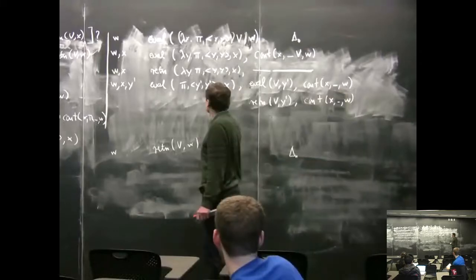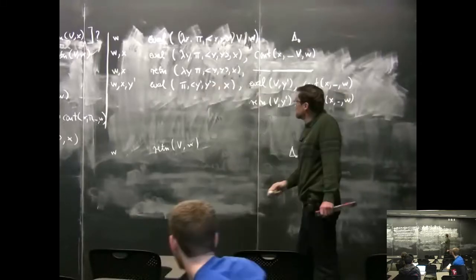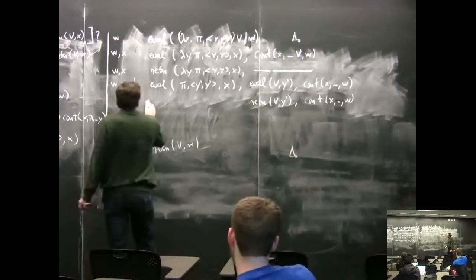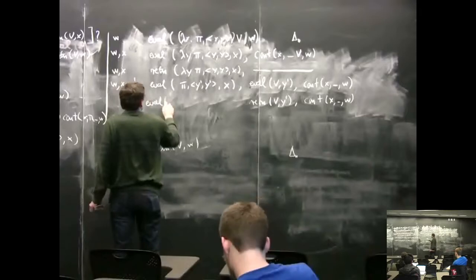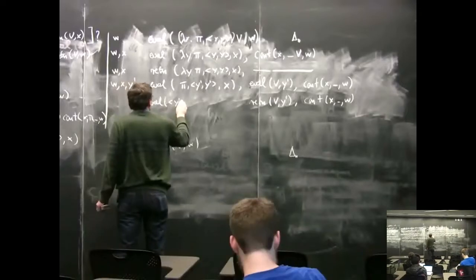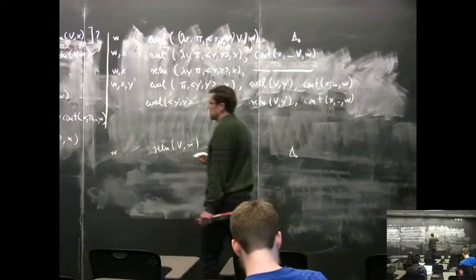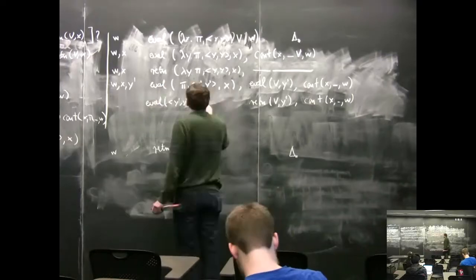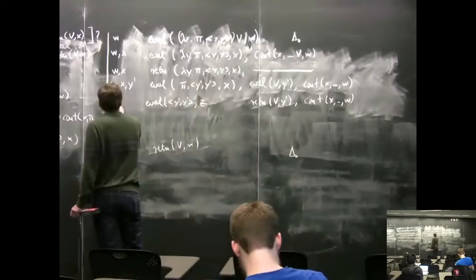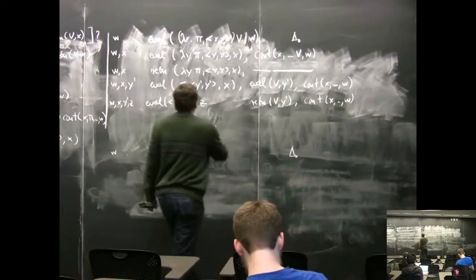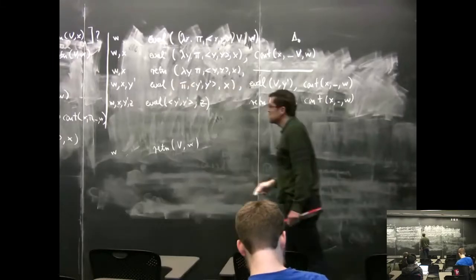Hopefully the rule for first projection is still up there. Okay, so we evaluate the pair y prime comma y prime with what destination? Okay, z. So we add w x y prime z.